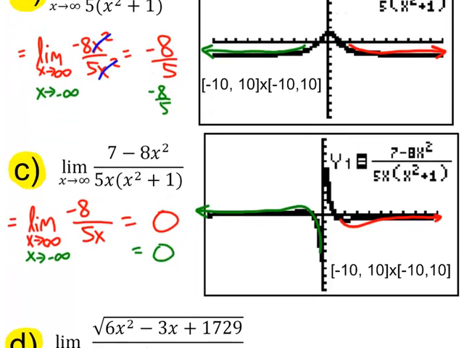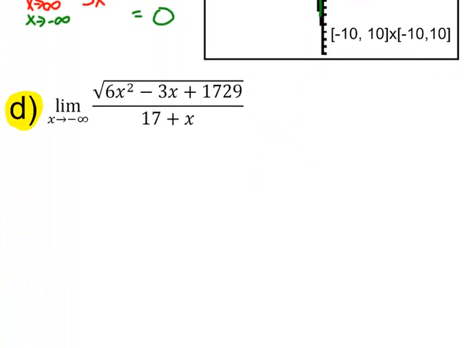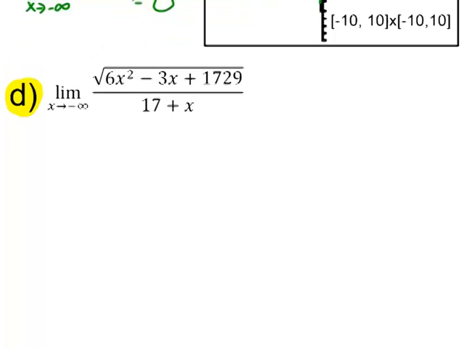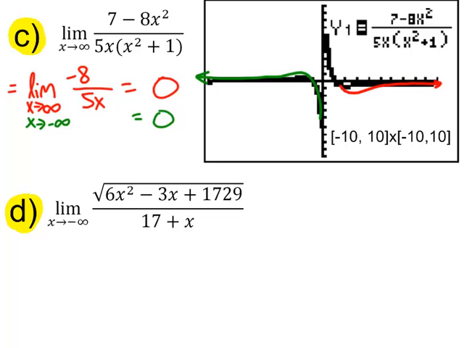Okay, so finally, let's get to this last one here, at least for this set of problems. And let's switch it up here. I've been doing all these limits going to positive infinity and limits of a function that looked very similar to each other. Let's see how this one goes. And even though this number 1729 looks like what we might consider a big number in most everyday contexts, we have to remind ourselves that as x goes to negative infinity, negative 100, negative 1,000, negative a million, even this too will still seem very small compared to the other terms up there in the numerator.